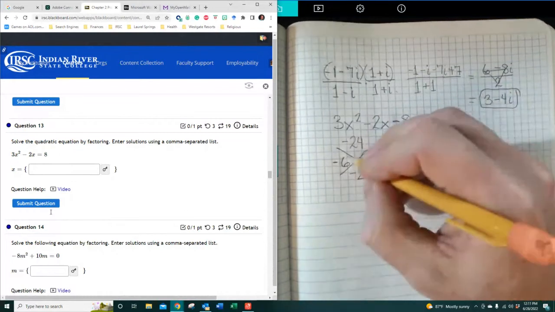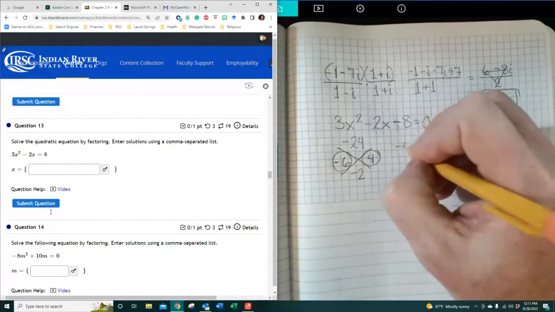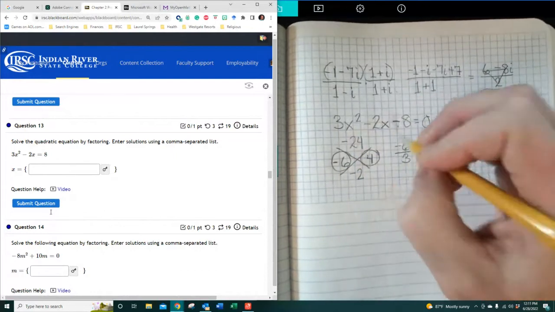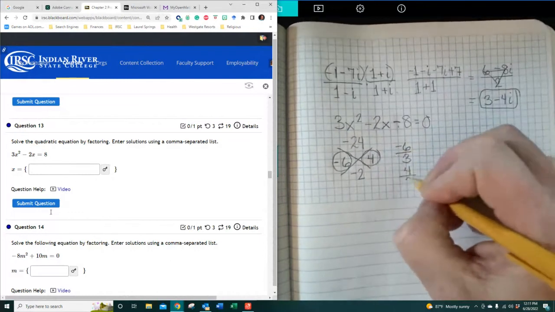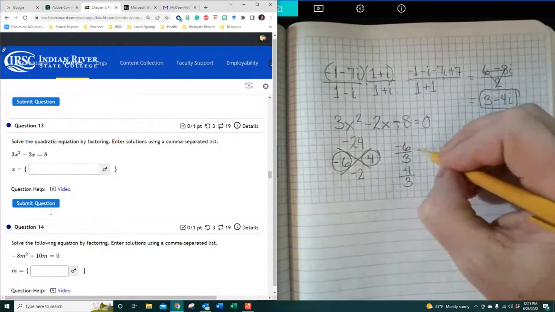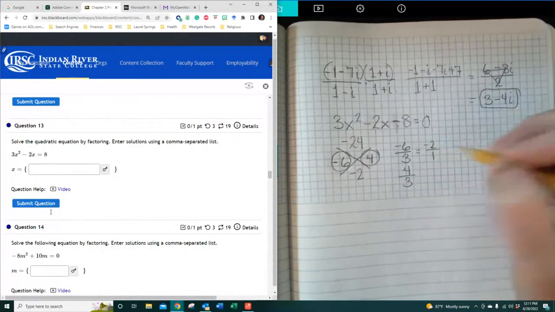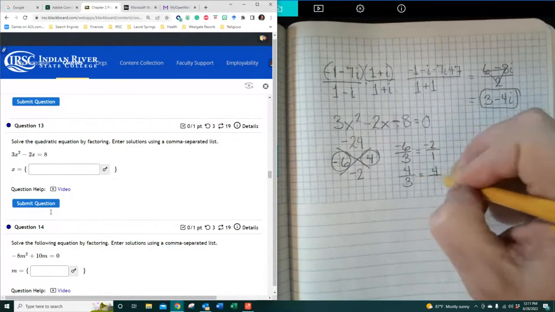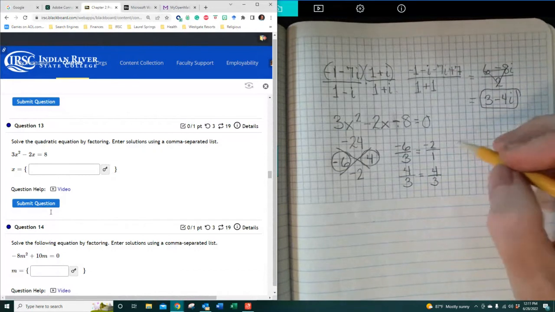Circle these if you wish, and then take those circled numbers and place them above the leading coefficient. Now reduce your fractions. Well, this one is negative 2 over 1. This one doesn't reduce, so it remains. And there's reasons for why I'm doing what I'm doing.